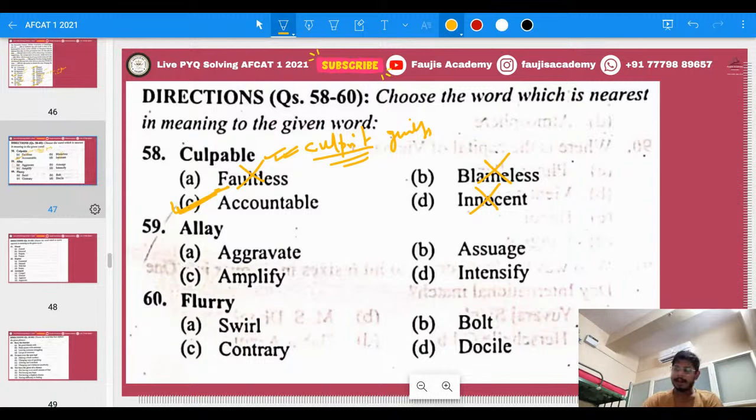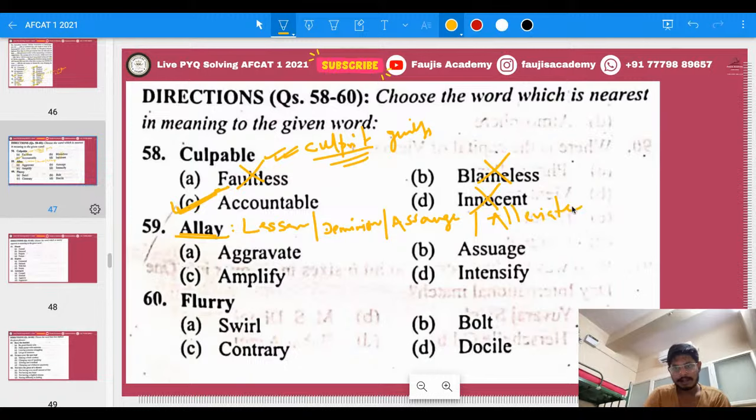Allay means to lessen, diminish. Assuage, alleviate.